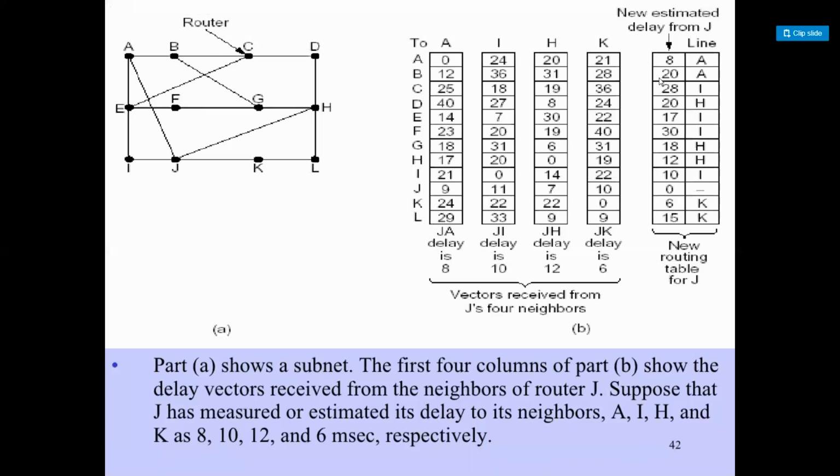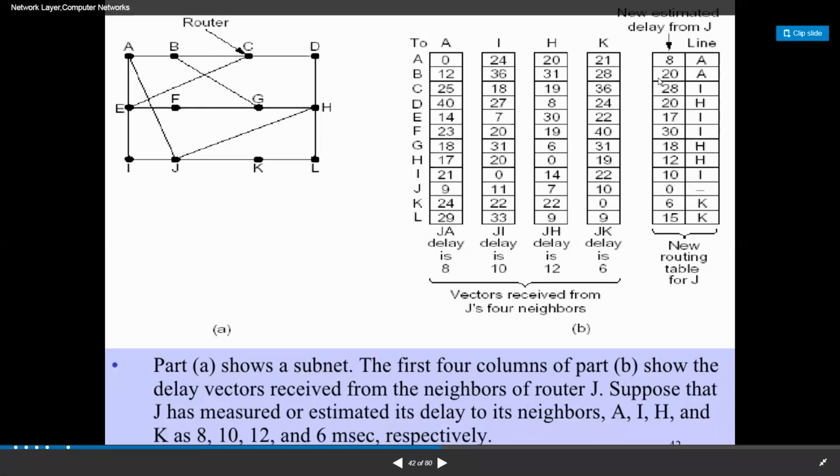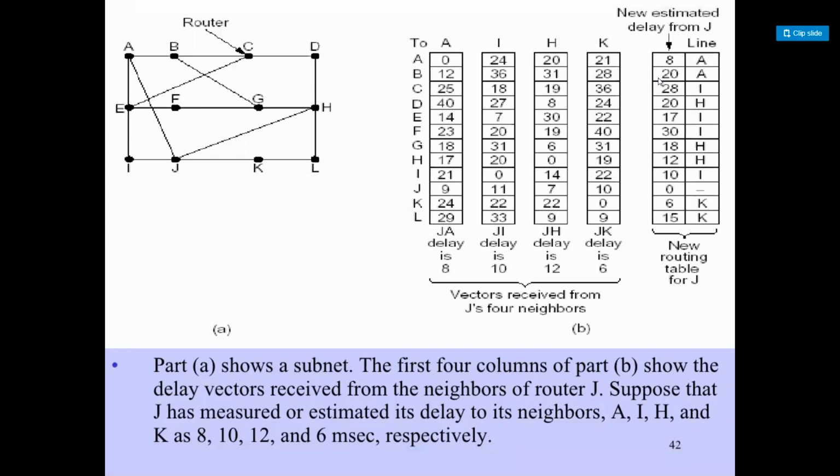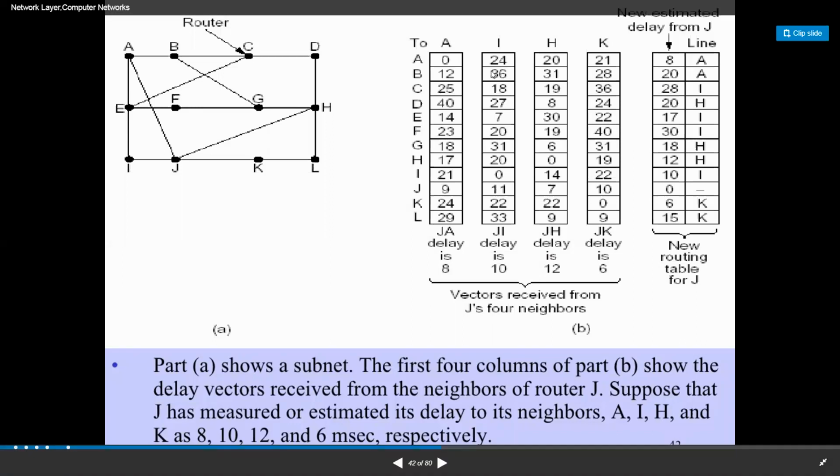First, we will calculate J to A and A to B. A to B value we know here. J to A, what is the value? 8. And A to B value is 12. 8 plus 12, what is the value? 20.